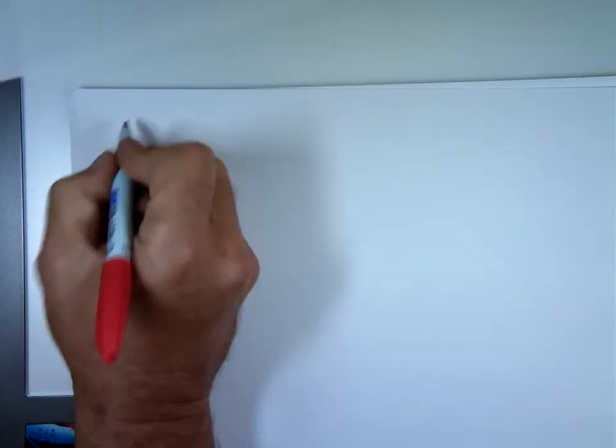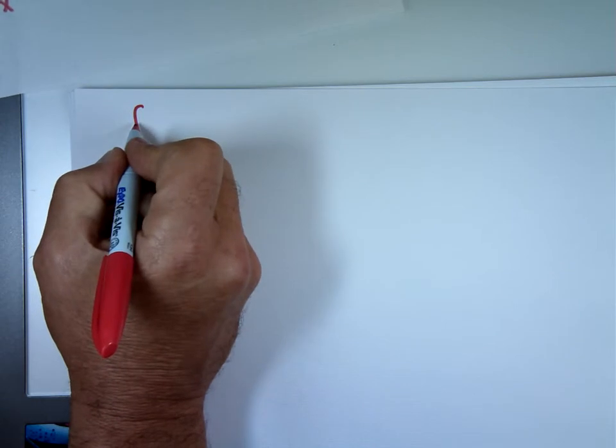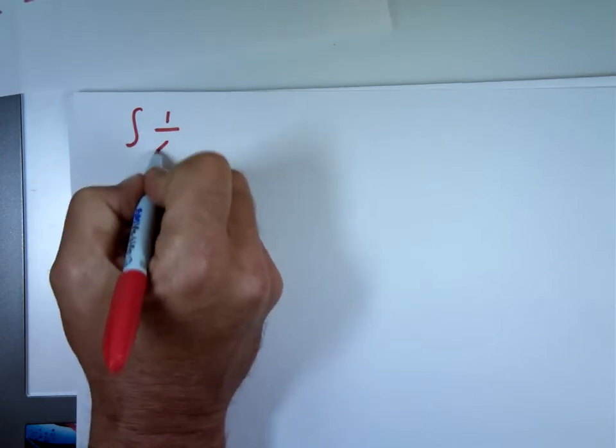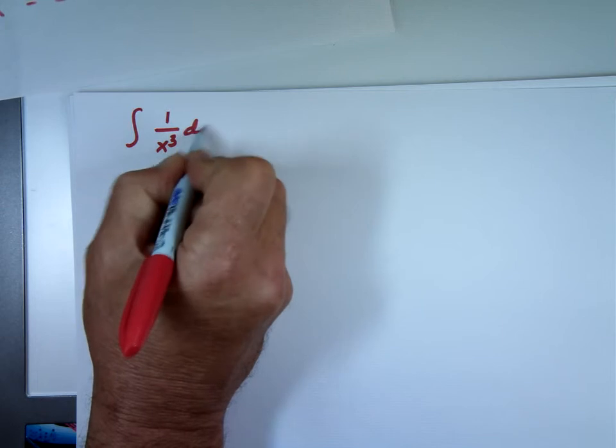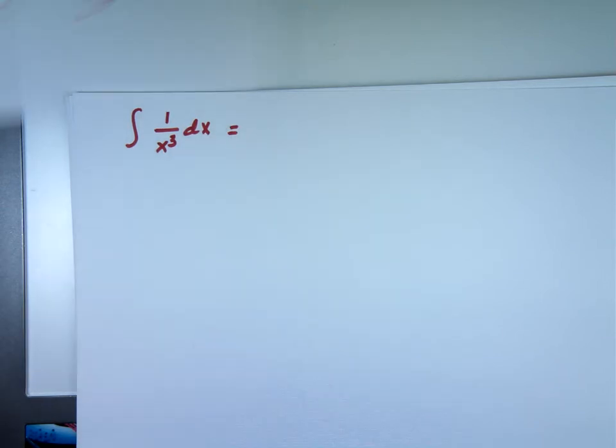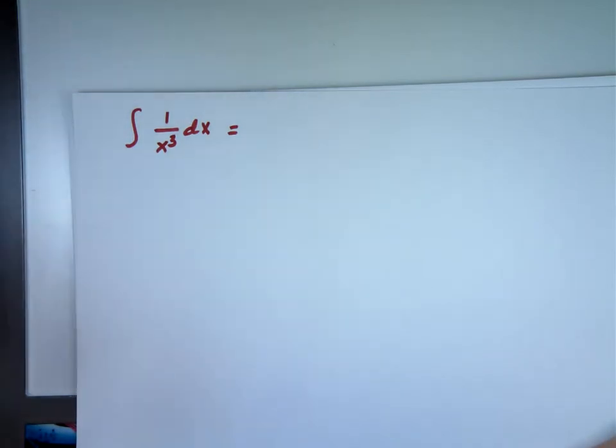What's the integral of 1 over x cubed dx? There is no quotient rule for integration, by the way. There is no product rule.